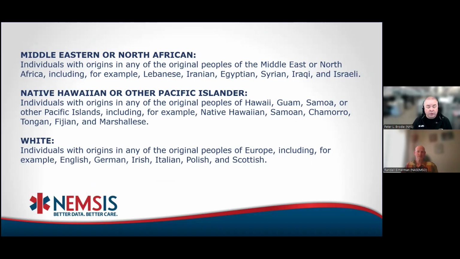And then Native Hawaiian or other Pacific Islander: individuals with origins in any of the original peoples of Hawaii, Guam, Samoa, or other Pacific Islands, including, for example, Native Hawaiian, Samoan, Chamorro, Tongan, Fijian, and Marshallese. And yes, that's a lot to pronounce all at once. And white: individuals with origins in any of the original peoples of Europe, including English, German, Irish, Italian, Polish, and Scottish. It's important to be able to look at these and to understand.